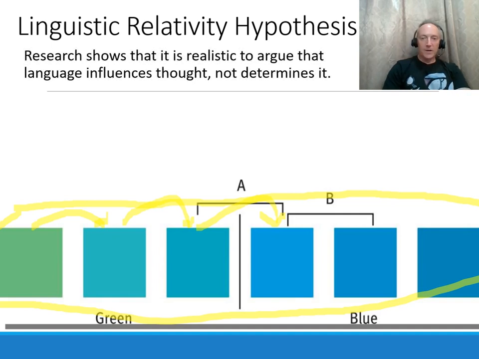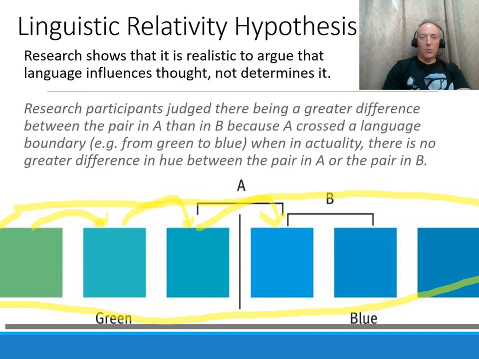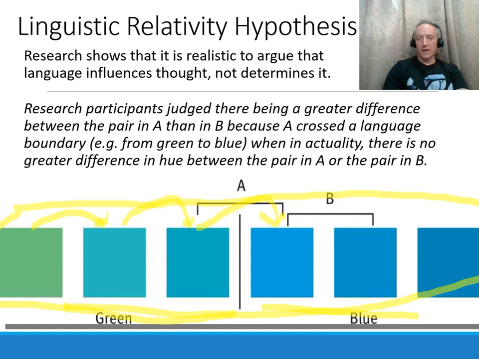But having a word impacts how you think about that. So when arbitrarily these swatches were referred to as green, and these ones were referred to as blue, and then they asked people which one is more different, the pair in A or the pair in B, most people would say A, because now they're crossing a language barrier.